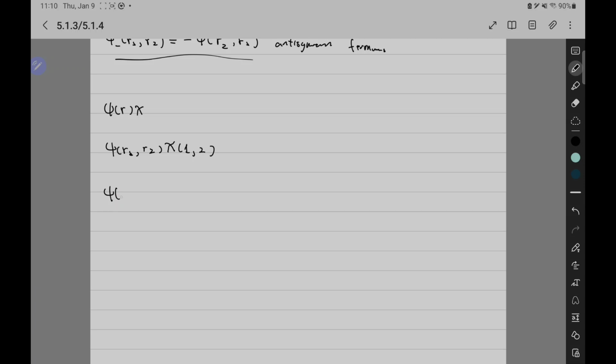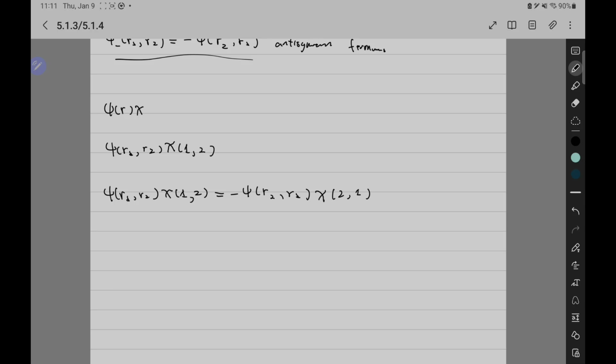So when I have phi of r1, r2, and the spinor chi of 1, 2, this is going to be equal to negative phi of r2, r1, so we're looking at the anti-symmetrical case here, and the spinor here is going to be chi of 2, 1.